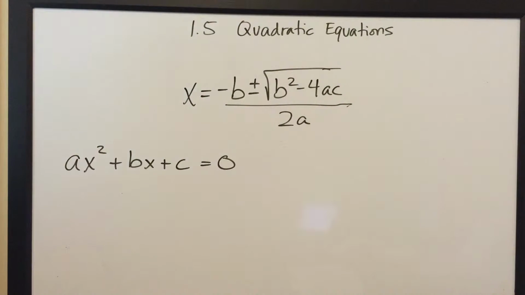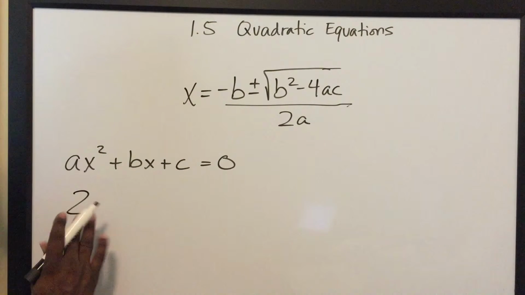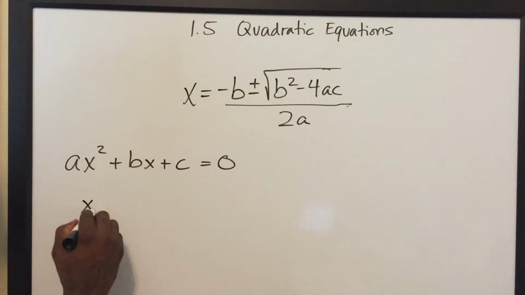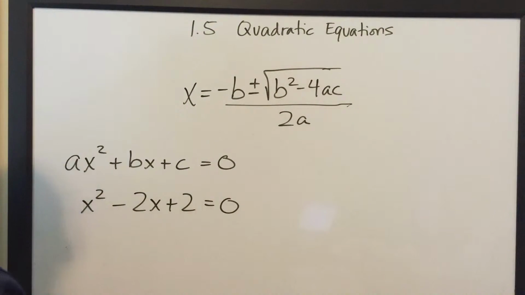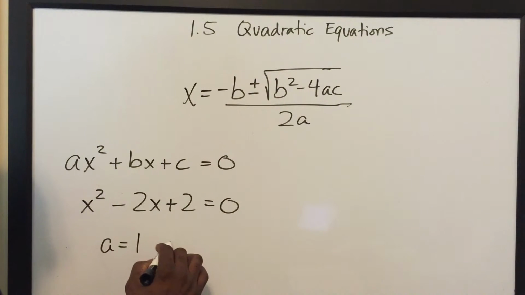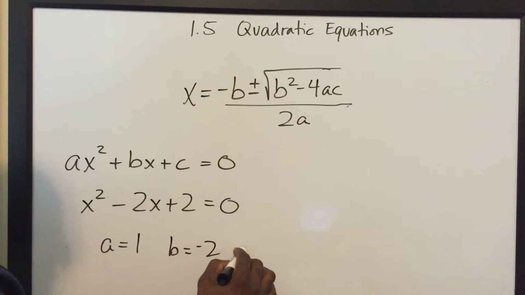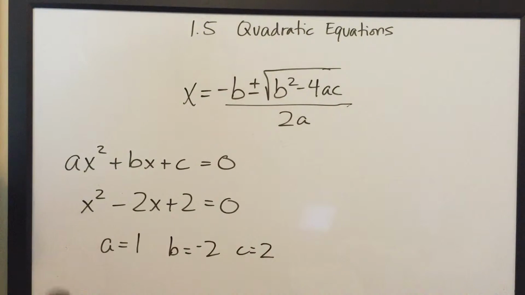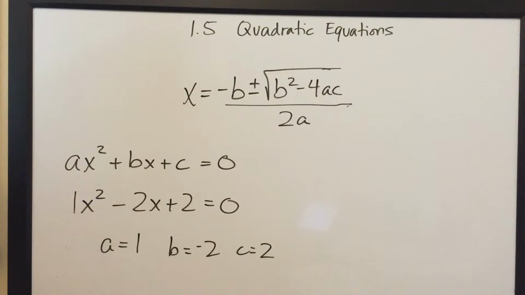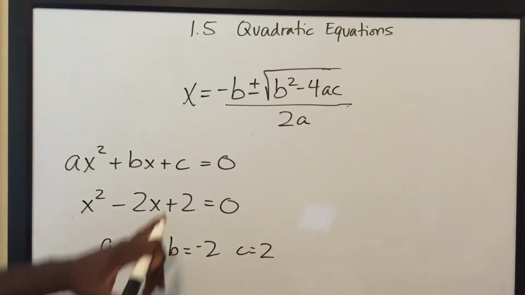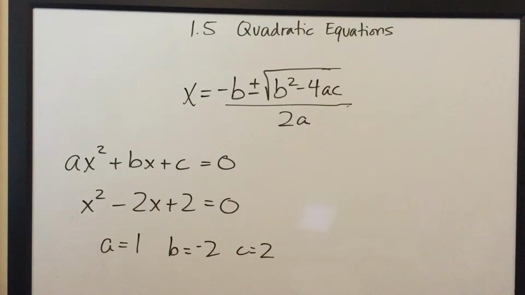If we have a formula that says x squared minus 2x plus 2 equals 0, we know that our a is 1, our b is minus 2, and our c is 2. We know a is 1 because there is understood to be a 1 right in front of that x. Okay, so knowing that, let's plug these numbers into this formula.